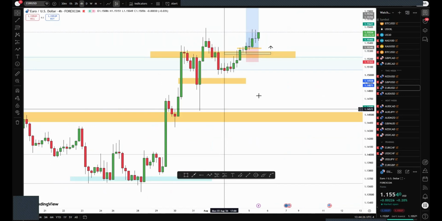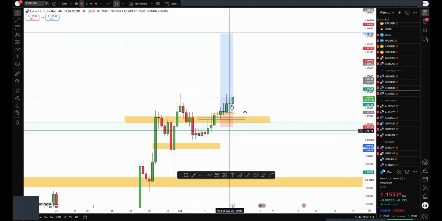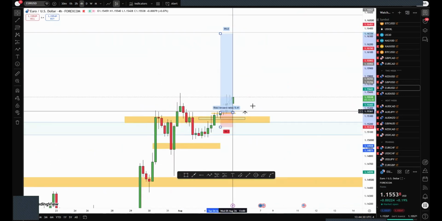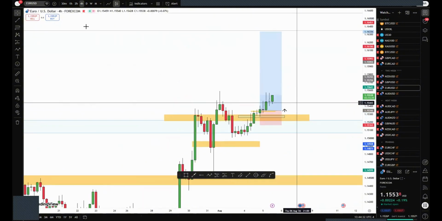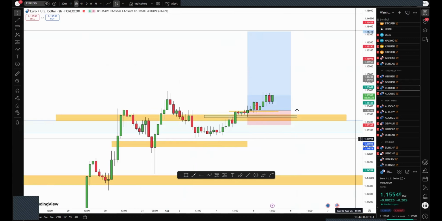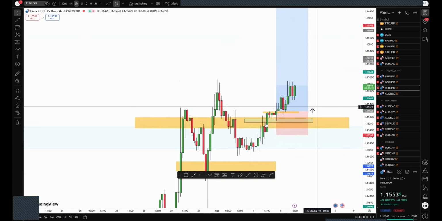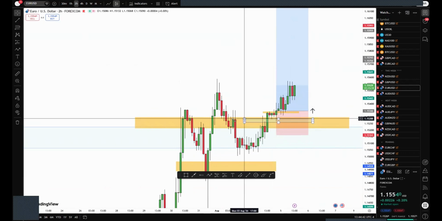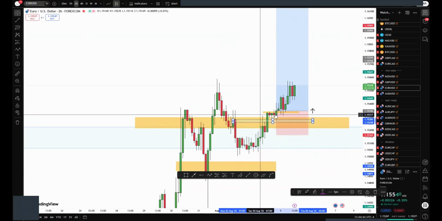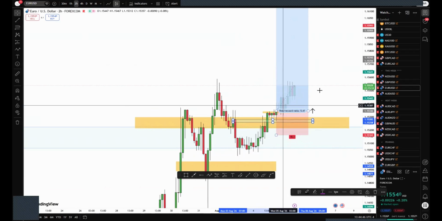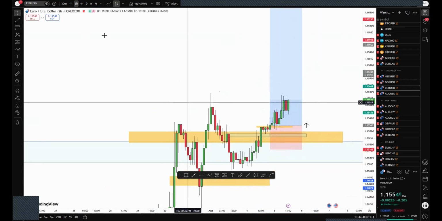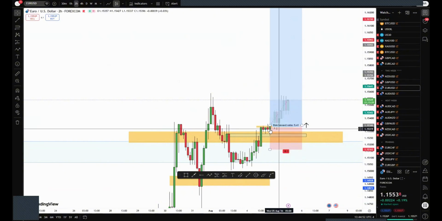Euro USD. You can see how this trade is running more smoothly, just after the break and retest. Yeah, this engulfing. I told you this is a perfect time to enter when price retested back here because it was just respecting this entry.